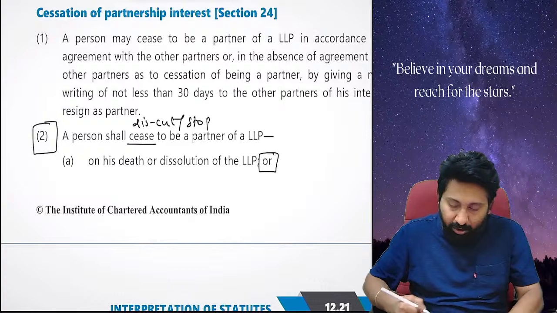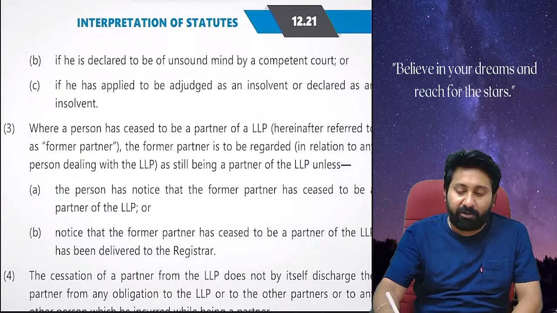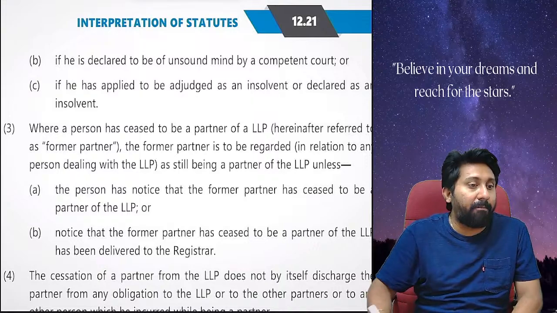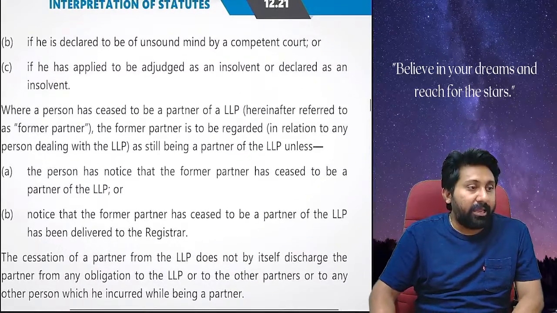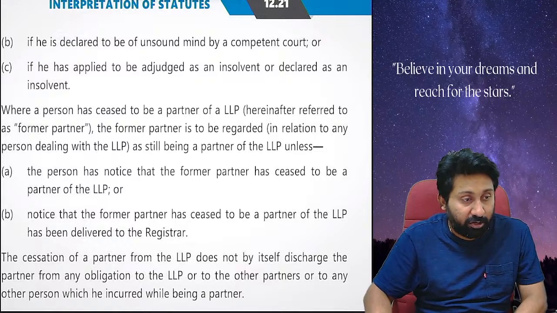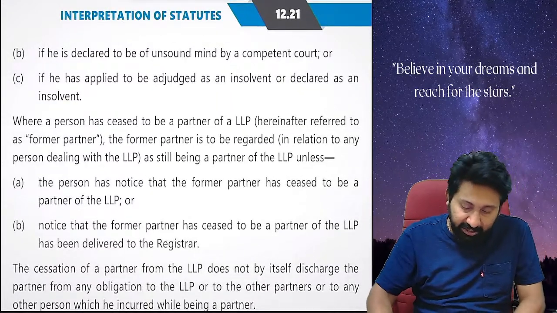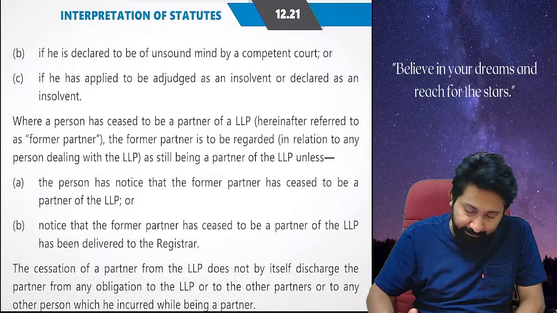Or if he is declared to be of unsound mind by a competent court, or if he has applied to be adjudicated as an insolvent or declared as an insolvent. These are the three grounds that are being used.